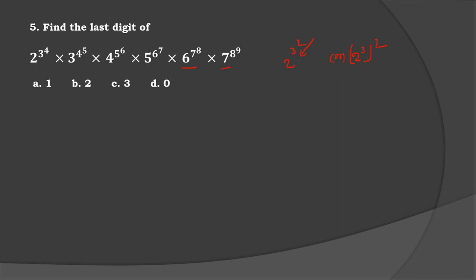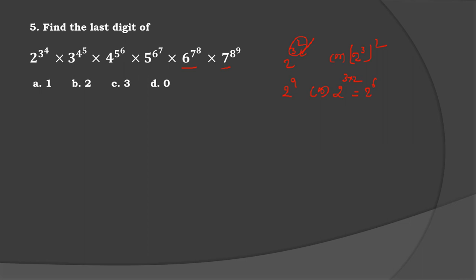First calculate this value: 3 square is 9, so 2 power 9. Whenever we have brackets, we take the multiplication: 2 power 3 into 2 equals 2 power 6. This is the difference between without brackets and with brackets.